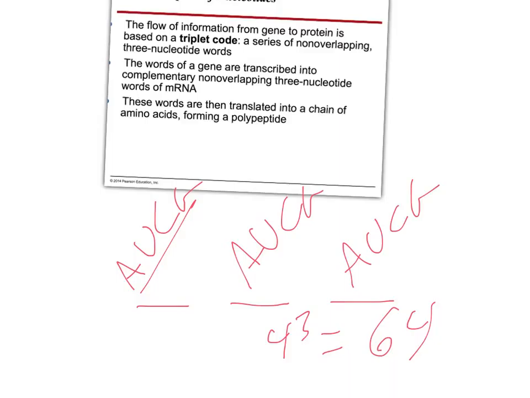And that is what we call the redundancy of the code. Redundancy meaning that in some cases there are 4 options for one amino acid. In other cases, there's only 1. So depending upon the amino acid you're talking about, in some cases, this code is redundant, meaning those codons, those triplets, are reused.